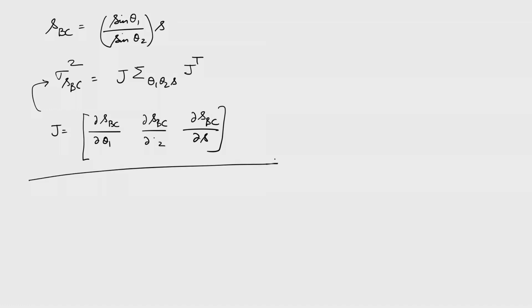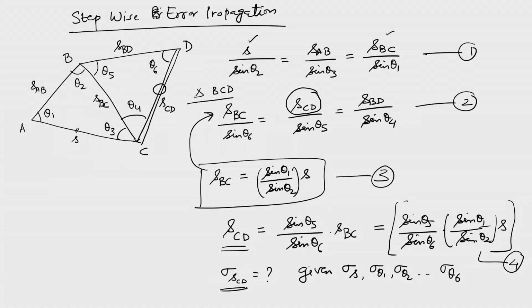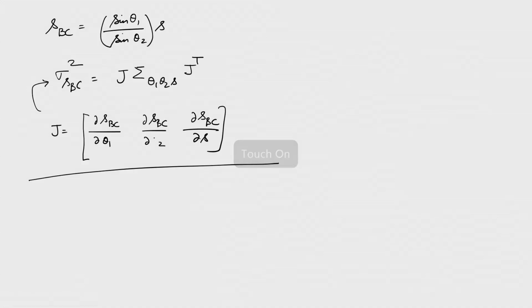Now, we will use equation 4, and equation 4 says that SCD is equal to sine theta 5 by sine theta 6 into SBC. So, I write SCD equal to sine theta 5 by sine theta 6 into SBC, right. This is the equation now.